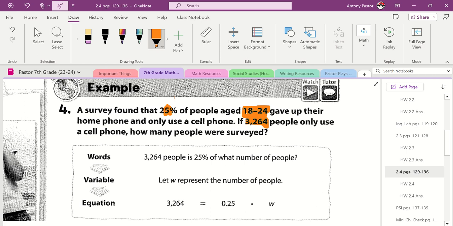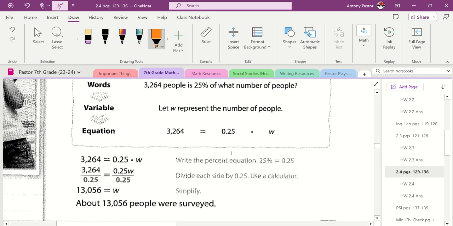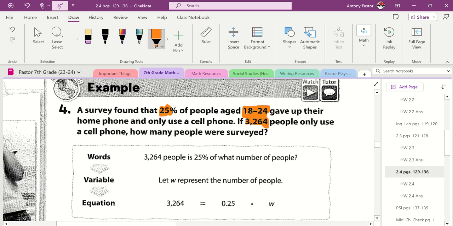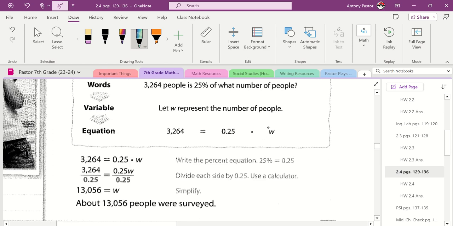Therefore, what we're missing here is our whole. 25% equals 3,264 people. So, just like they set it up here, 3,264 equals 0.25, because we turn our 25% into a decimal by jumping two places to the left, times W, the amount of people that were surveyed. We don't know what that is.